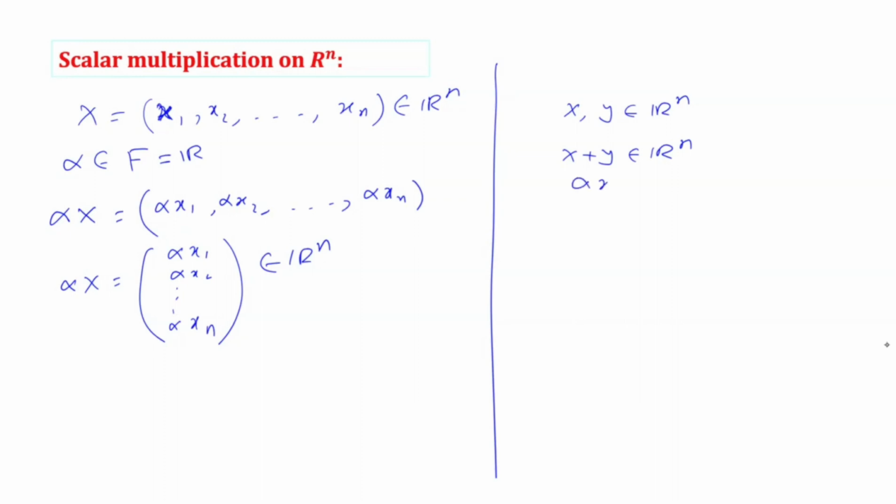So if x, y belong to Rn, then x plus y belongs to Rn, and alpha x belongs to Rn. Therefore, the scalar multiplication as well as the addition are closed for Rn.